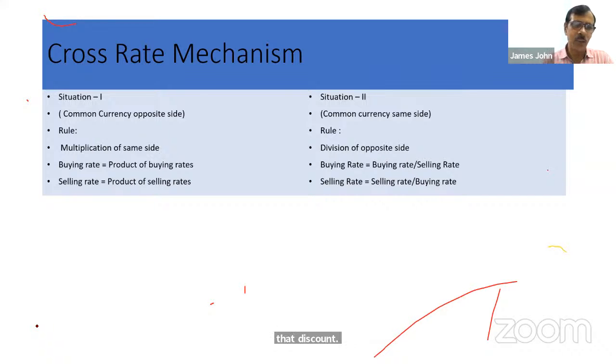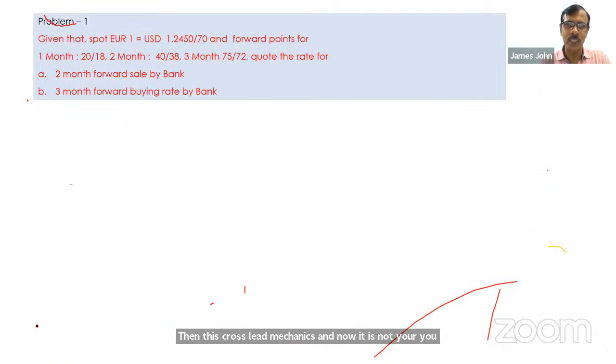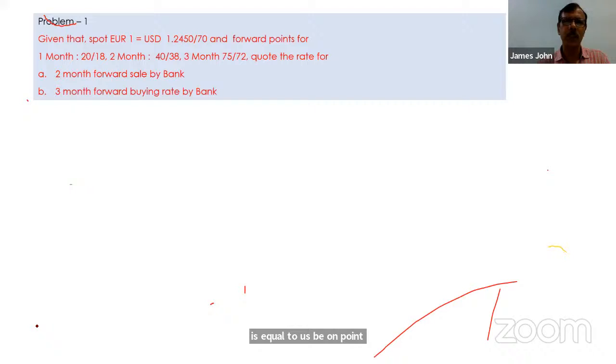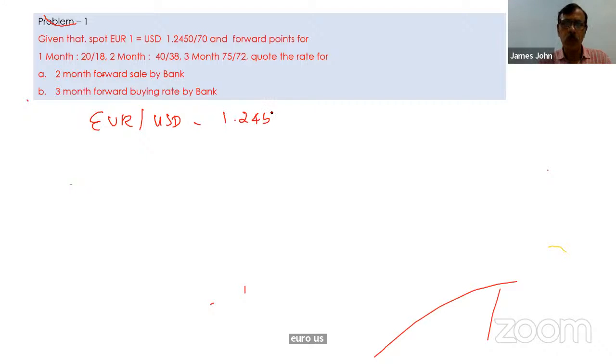Now, you want me to explain all those things? I'll do this example. Given that spot euro is equal to USD 1.2450/70. That means 1 euro, the rate in USD is 1.2450/70.